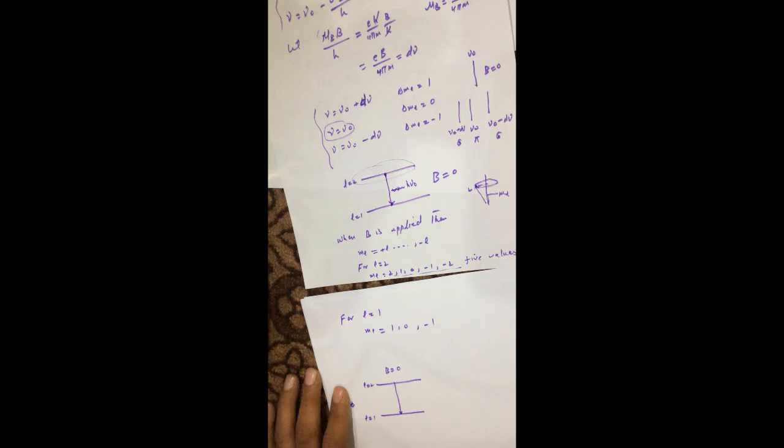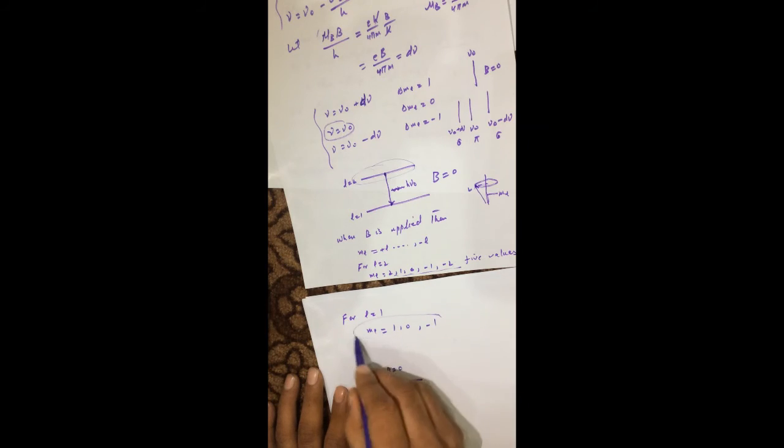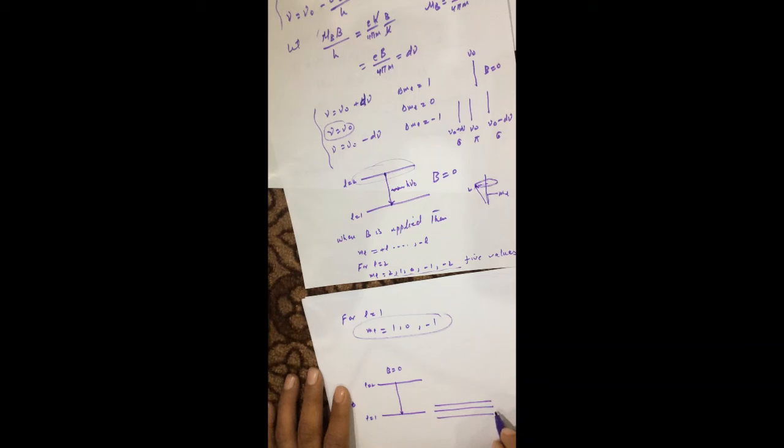But once the magnetic field is applied, the L equal to 1 level splits into 3 sub-energy levels: one with ml equal to 0, one with ml equal to minus 1, one with ml equal to plus 1.